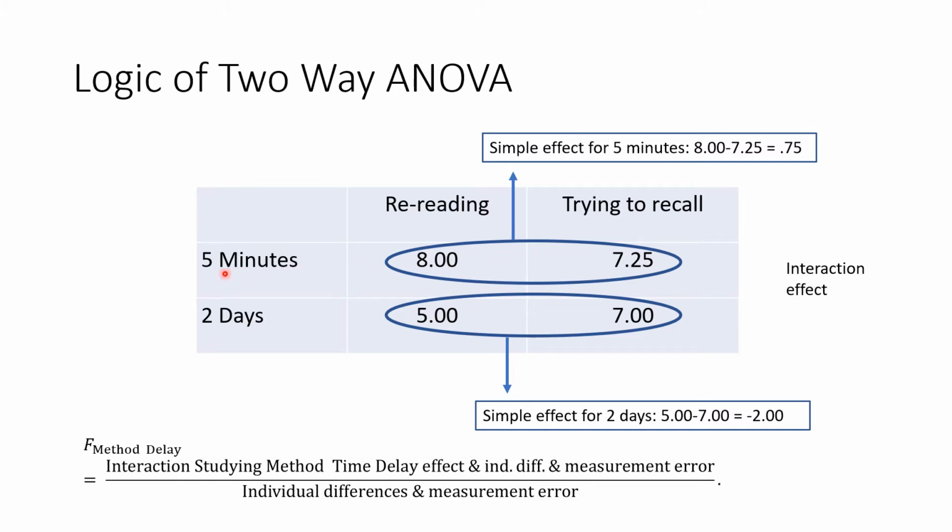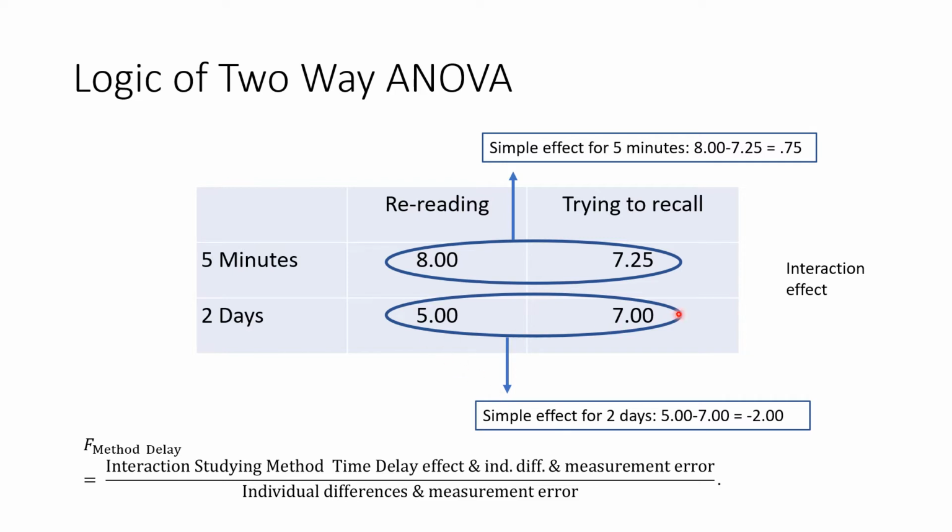If you look at the simple effect for 5 minutes, when people were rereading and the test was 5 minutes later, they recalled 8 out of 15. When they were trying to recall and the test was 5 minutes later, they recalled 7.25. The difference between those two on that row is the simple effect of 0.75.